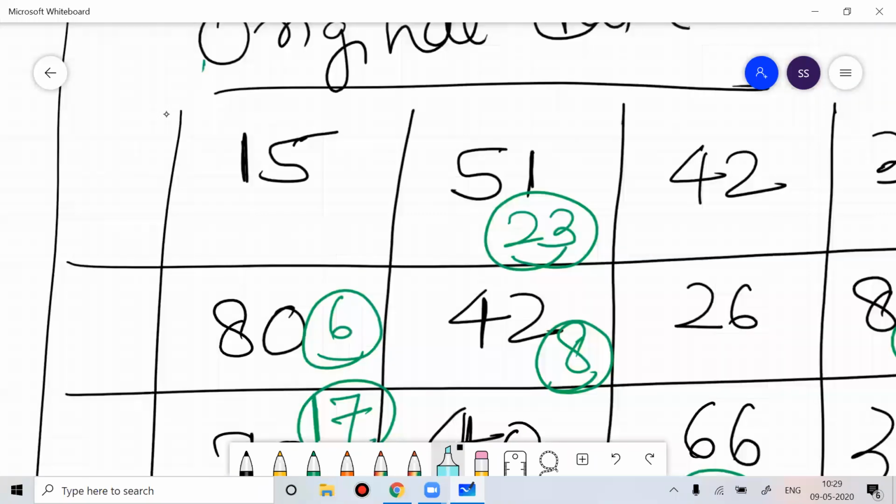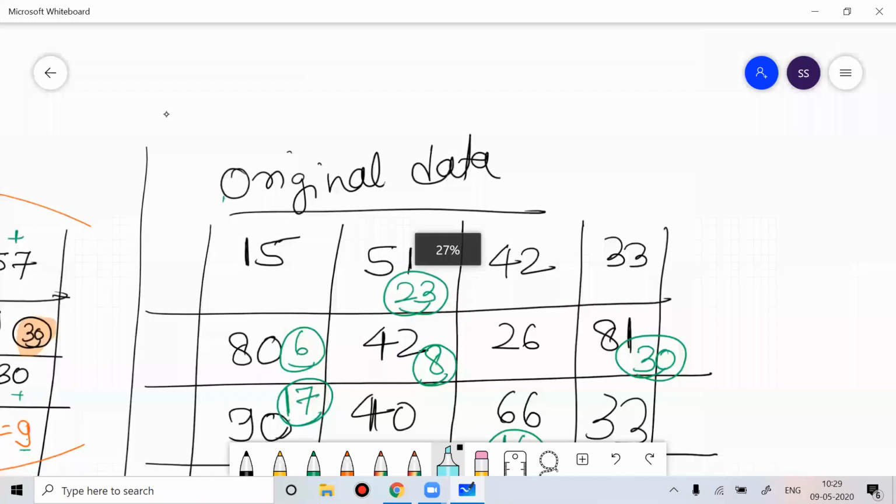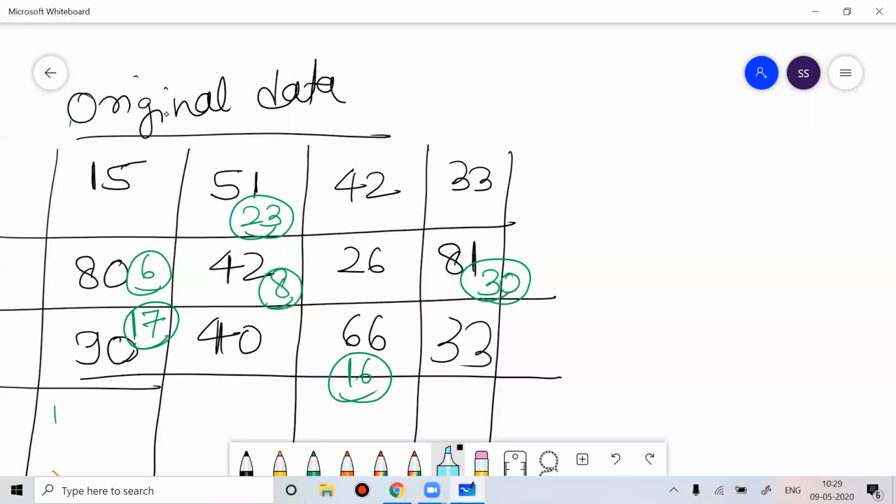So now guys, if you see this problem, this is the allocation what you have done. Based on this, you can find the total profit.